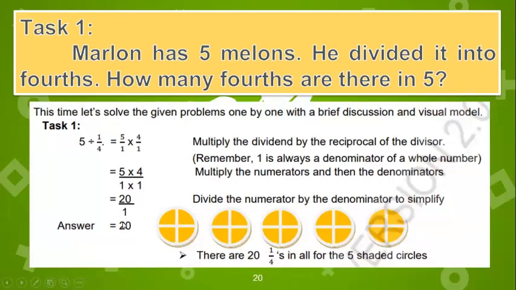So, is it 20? So we have 4 plus 4 is 8, plus 4 we have 12, another 4 we have 16, and the final 4 is 20. So there are 20 fourths in all for the 5 shaded circles or the melons. Are you convinced now?